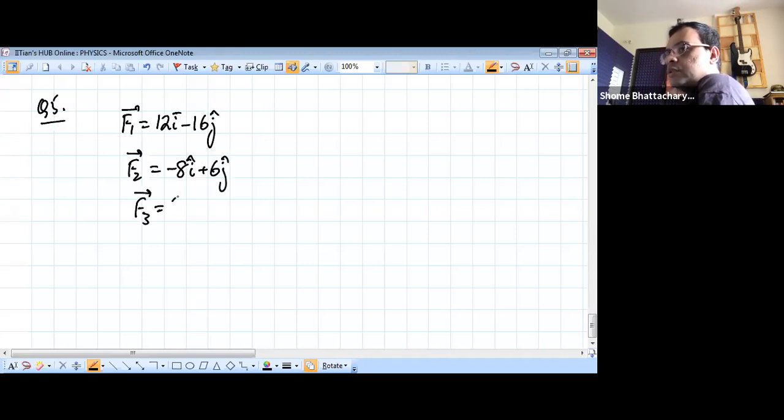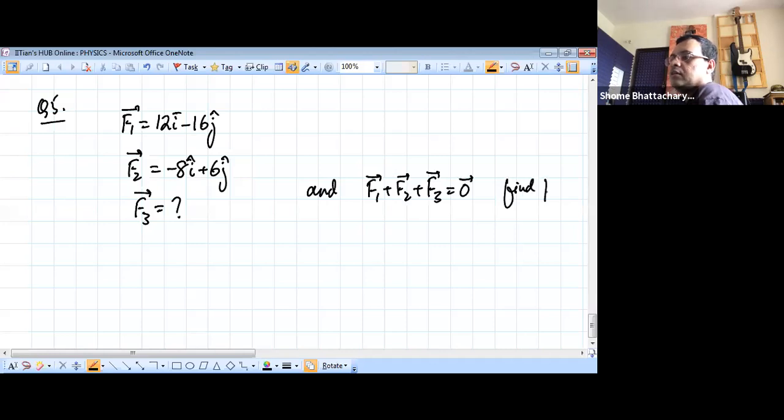F3 is the unknown force, but it is given to us that F1 plus F2 plus F3 is equal to 0. From this, we have to find the magnitude of this force.